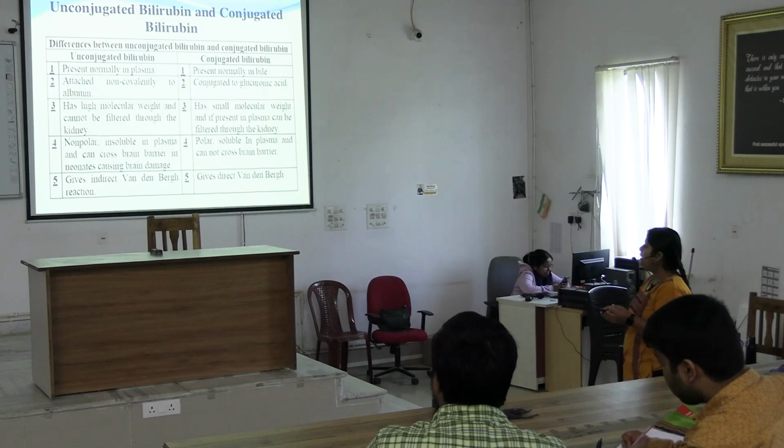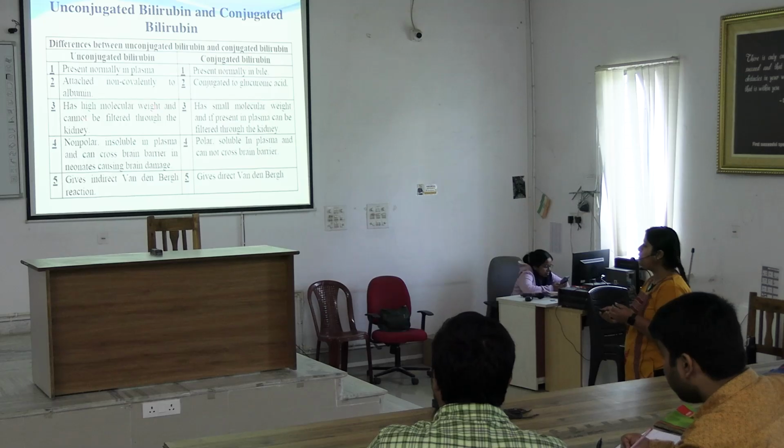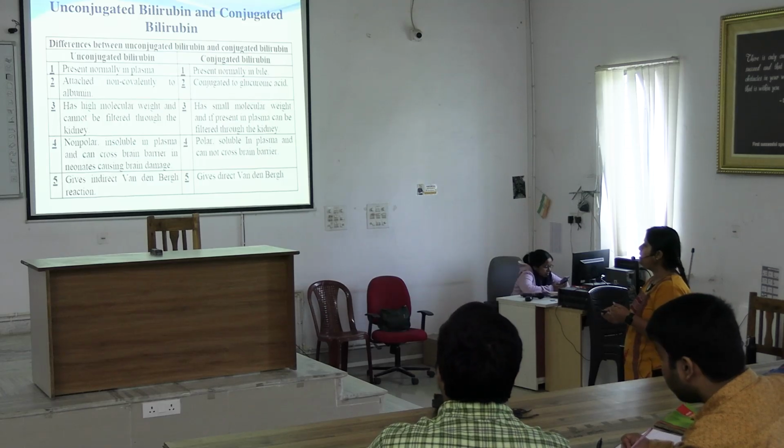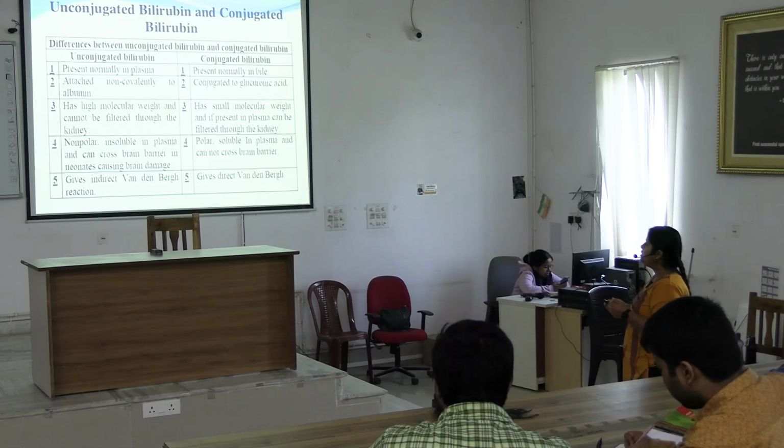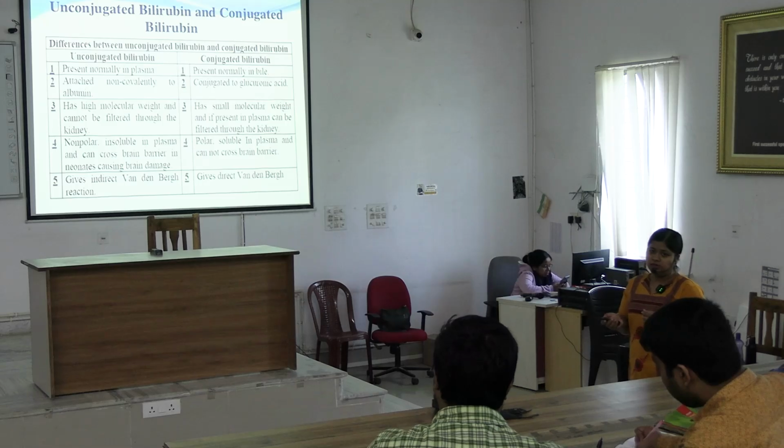Unconjugated bilirubin has higher molecular weight and cannot be filtered through the kidneys. Now, conjugated bilirubin is of small molecular weight and can be present in plasma and can be filtered through the kidneys.